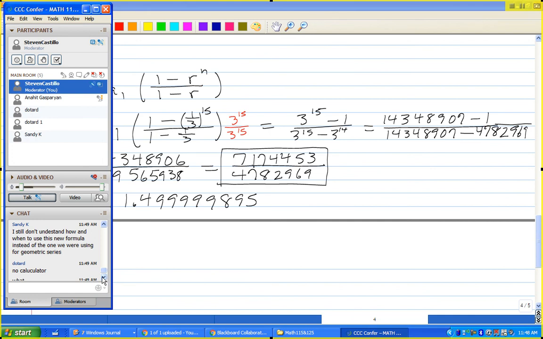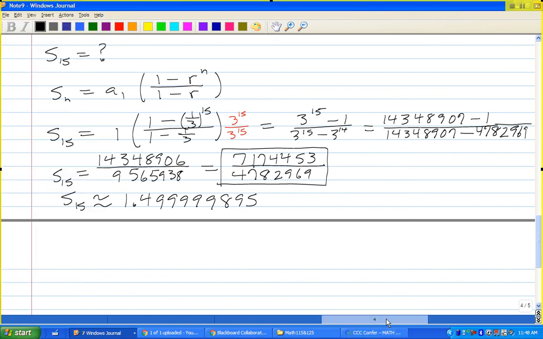So you use this formula for geometric series whenever you want to find the sum of a geometric series. That's all I'm doing, just calculating the sum using the above formula.